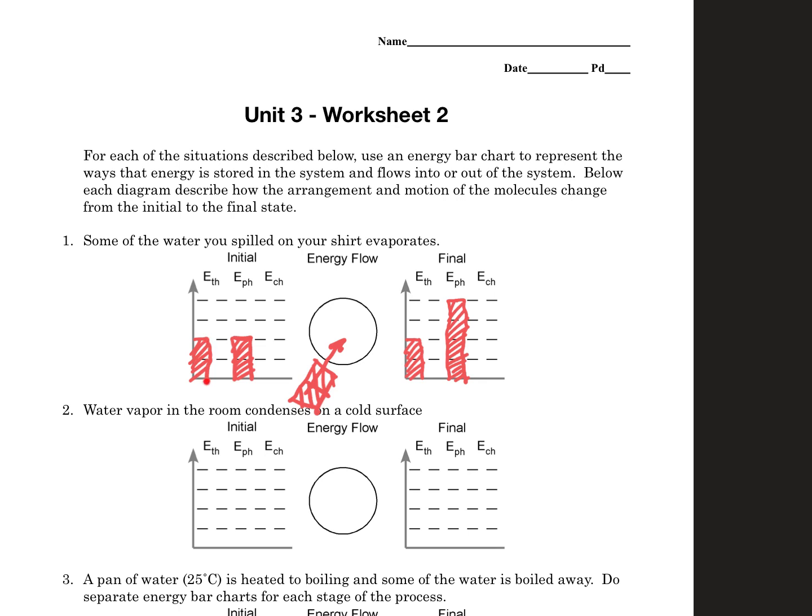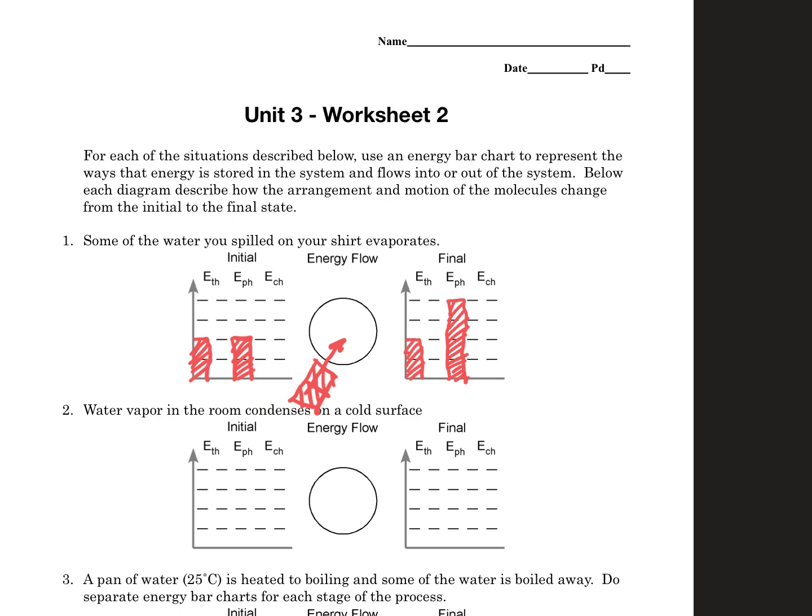We used 2 bars of energy to show ETH because we're just going to use 2 bars to show room temperature. That's what we're going to try to stick to every time. And the phase energy increased because we know that in order to take a liquid to a gas, we have to separate those particles. Separating those particles requires energy, okay? So that means we added 2 bars of energy.